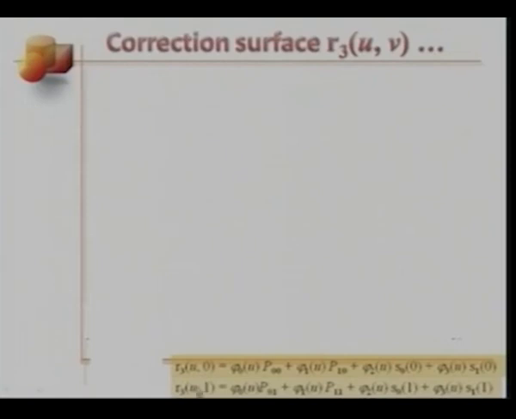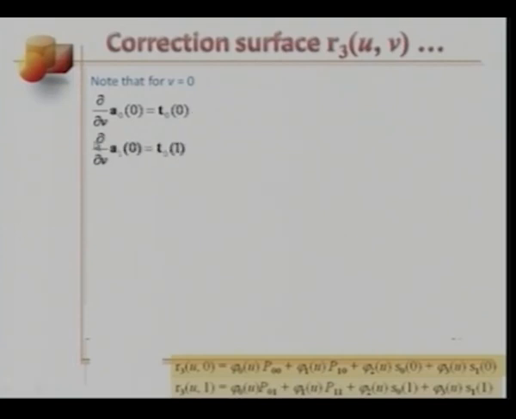We'll need these expressions R3 of u0 and R3 of u1. So I have copied these equations right here. Now for value v equals 0, partial a0 of 0 with respect to v. So in a sense what we are doing is computing partial of a0(v) with respect to v and evaluating that at v equals 0, and that will be equal to t sub 0 evaluated at 0.